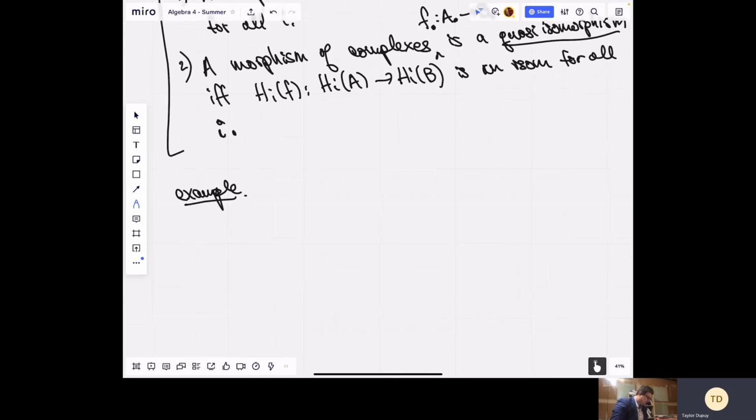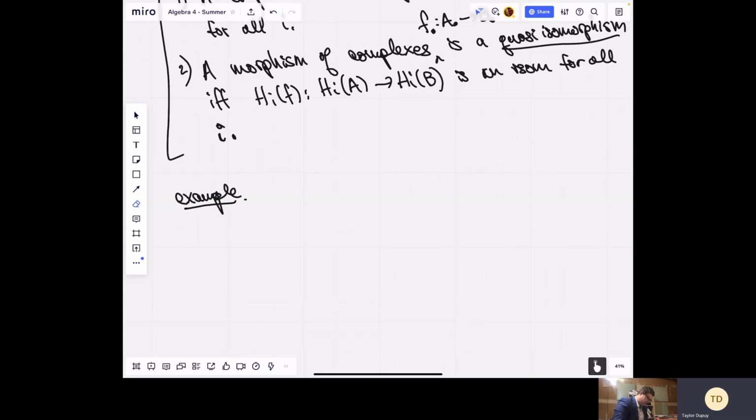Okay, so let's do an example. I had talked about this before, but now I've made it explicit. A is an R module, and we view it as a complex in degree 0.